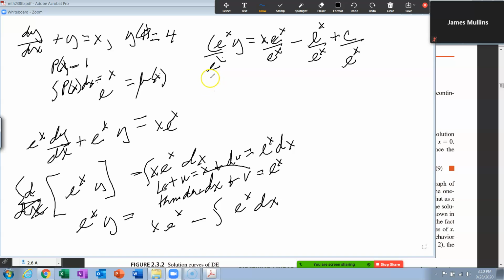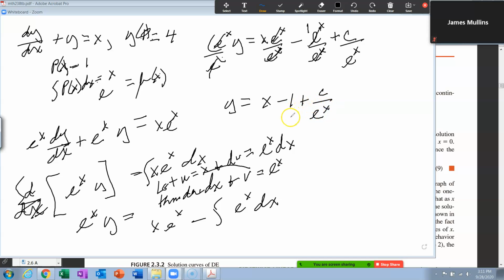Okay, now this will go away. This will go away. This is why I found it probably easier. That goes away to minus 1, and that stays. So what do we have? y is equal to x minus 1 plus c over e to the x.